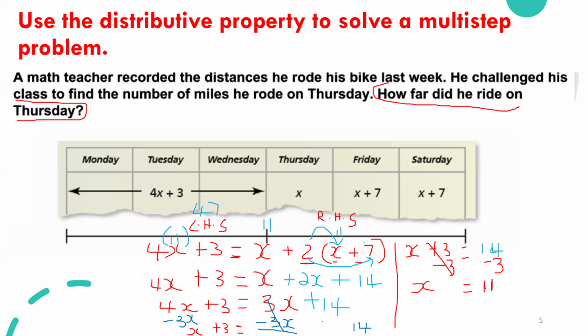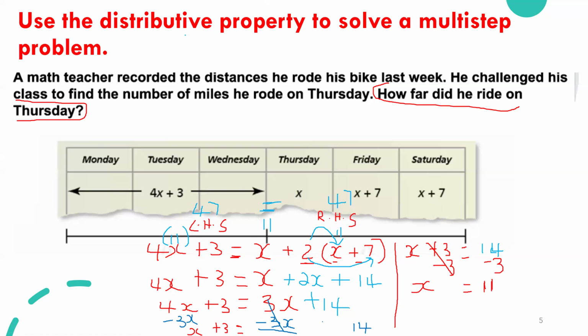So here we're going to simplify the parentheses first, because we can add 11 to 7. 11 plus 7 is 18. 18 times 2 is 36. 36 plus 11 is 47. So you notice that the left-hand side of the equal sign is equal to the right. So therefore, the value of x is true because it satisfies the equation.